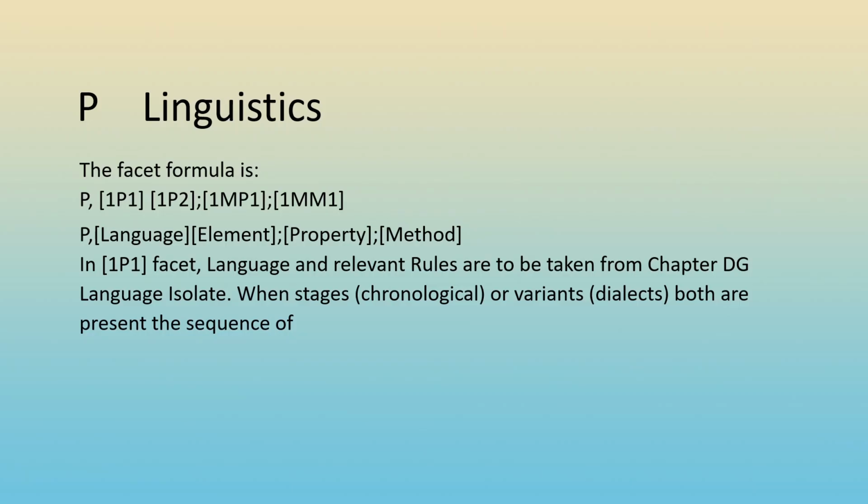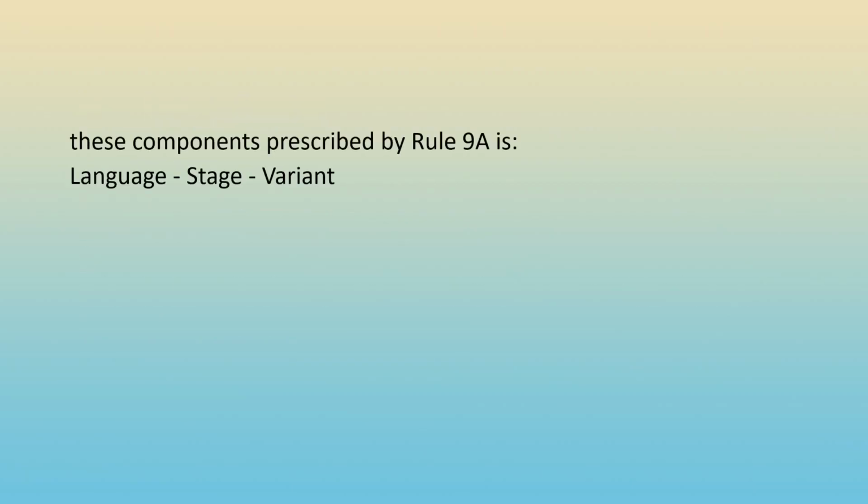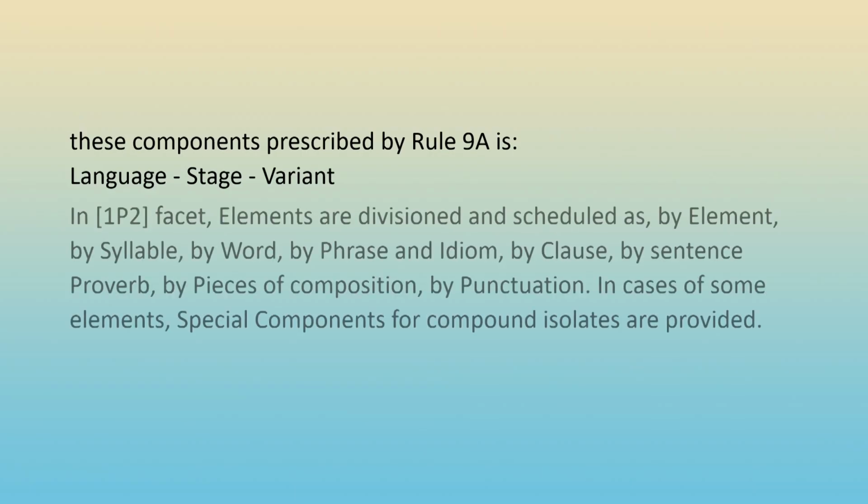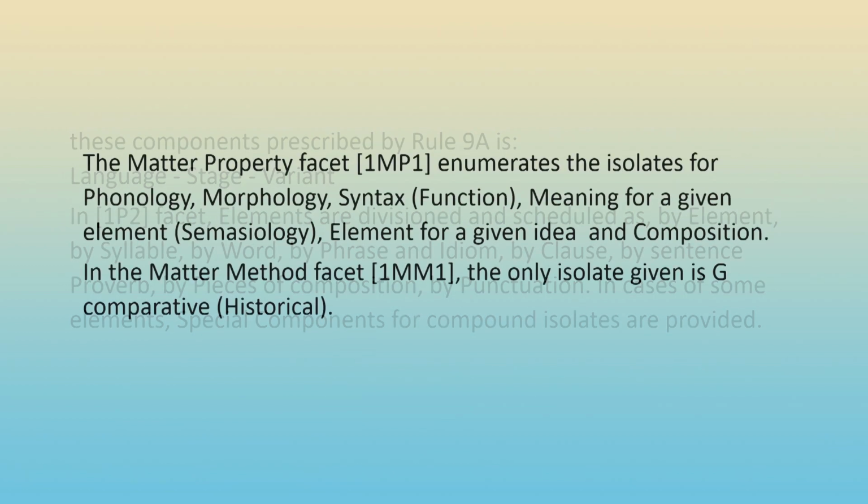In 1P1 facet, language and relevant rules are to be taken from chapter DG language isolates. And when stages or variants both are present, the sequence of these components prescribed by rule 9a is language, then stage, then variant.